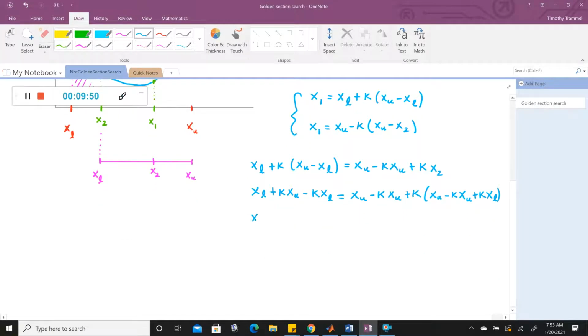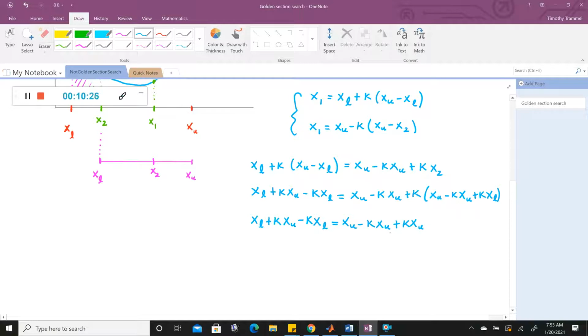Actually, let's see if anything cancels right now so we don't have to write it down again. I actually don't see anything yet. So x lower plus k times x upper minus k times x lower is equal to x upper minus k x upper, and then I need to distribute this k through, so we're going to have a plus k x upper.